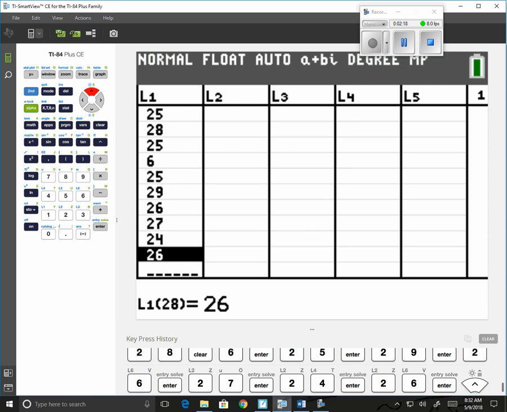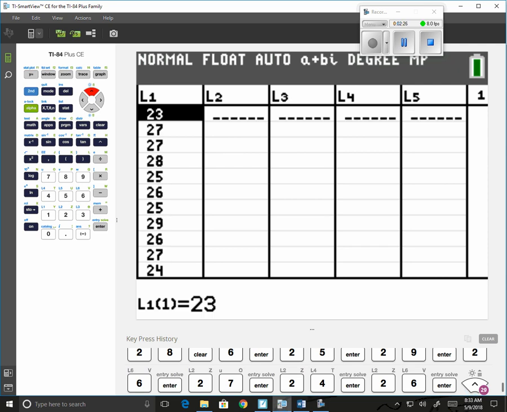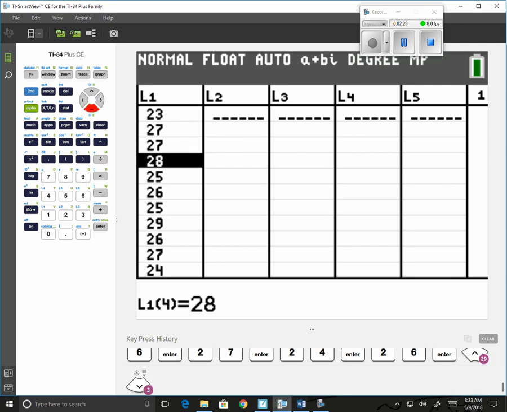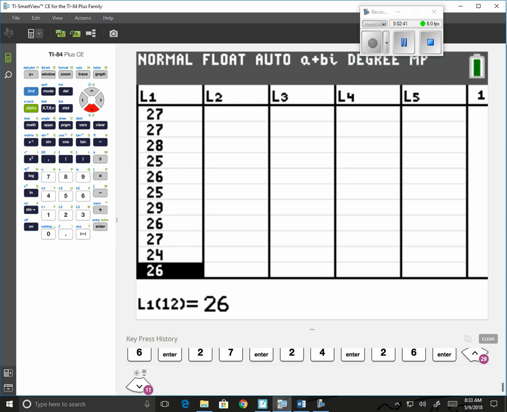Let's see where I made a mistake. If we go back here, let's look for my mistakes. This is good for us to see. Start from the beginning. I have 23, I got 27 twice, 28, 25, 26, 25, 29, 26, 27. We're good so far. 24, 26. I missed a 26. Then after 26 should have been 24, which it is. Then after 24 should have been 27.